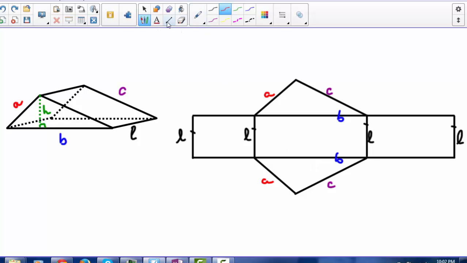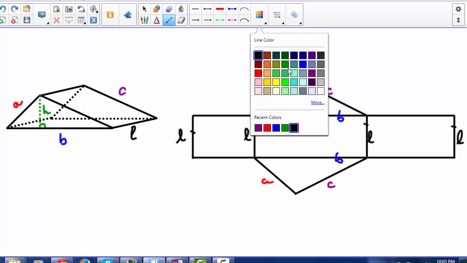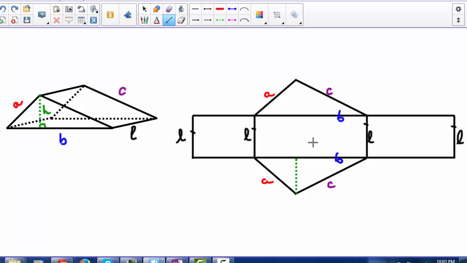Again, H is the green line, and this is the line from here to here or from here to here, and this is perpendicular. That's why I'm going to use the green H, perpendicular, H. As you can see, I have everything, all the dimensions that I need.